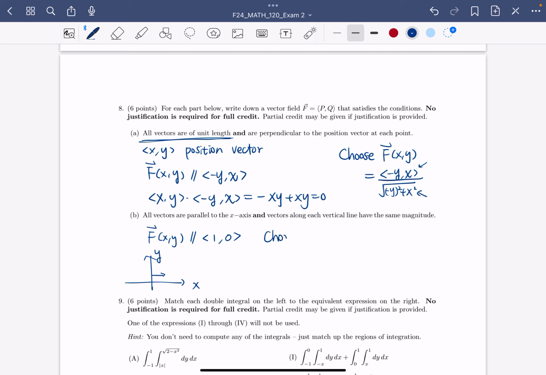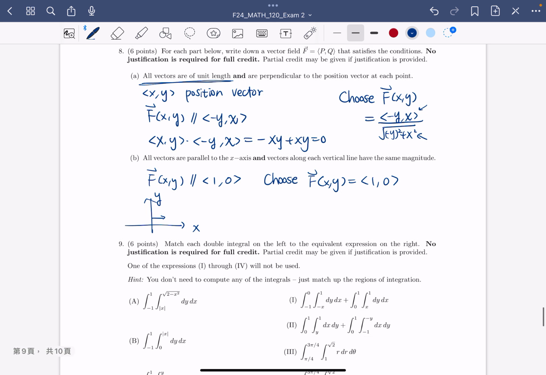Okay, I guess we could just choose a constant vector field, which is (1, 0). So that is of the same magnitude at each point, not just along each vertical line. And every vector is parallel to the x-axis. Good.